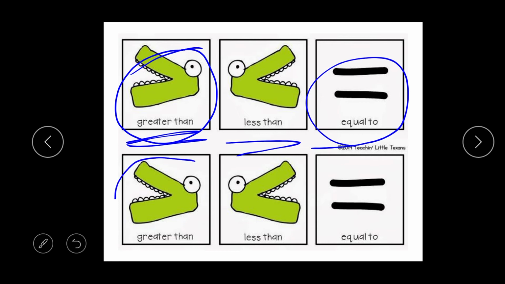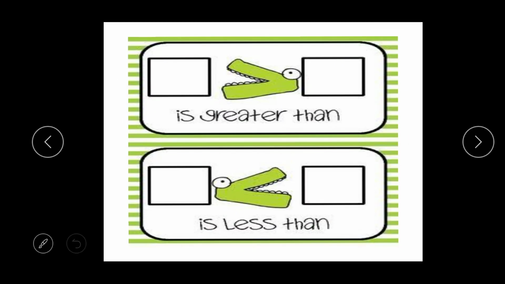Look at this alligator. Where is it facing? This is the greater than, and when it's facing this side, it is the less than sign. So let's see this. The alligator is facing the left hand side, and this means it is greater than.